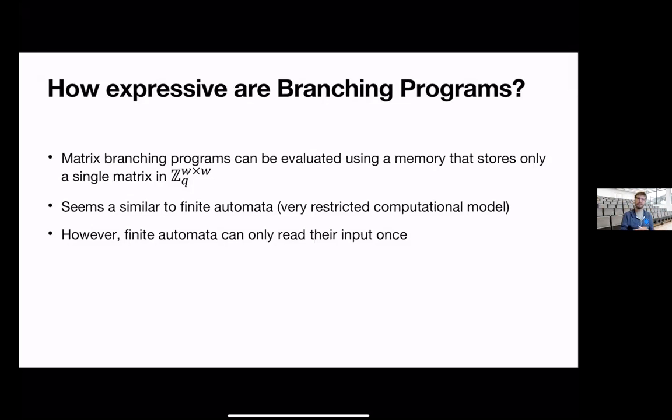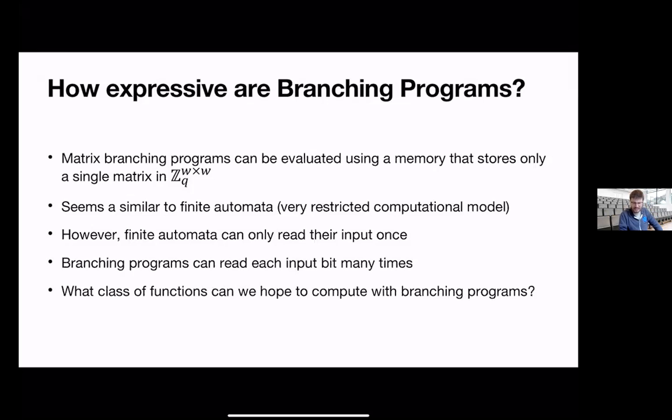But branching programs, as we've just seen, can read each input bit several times, in fact a polynomial number of times. That's the difference between branching programs and finite automata, and that's what can give you hope that this model of computation is actually more powerful than plain old finite automata.